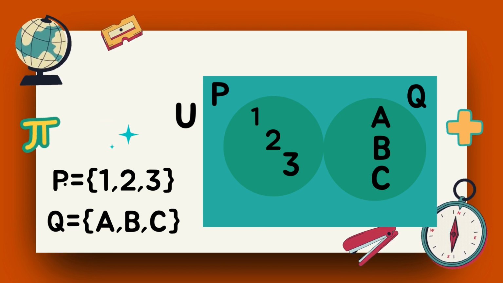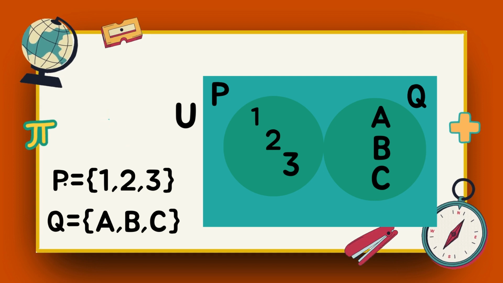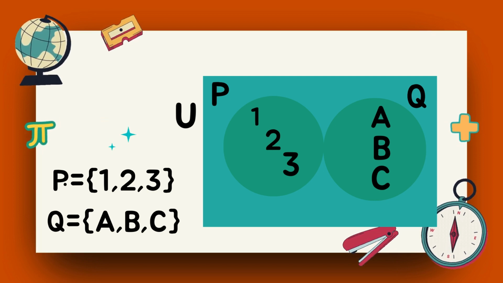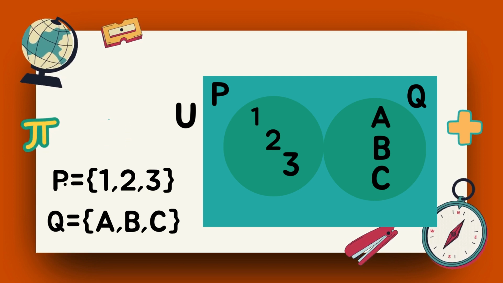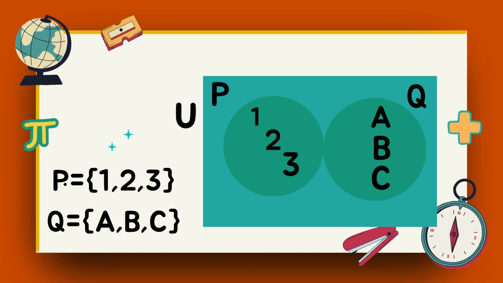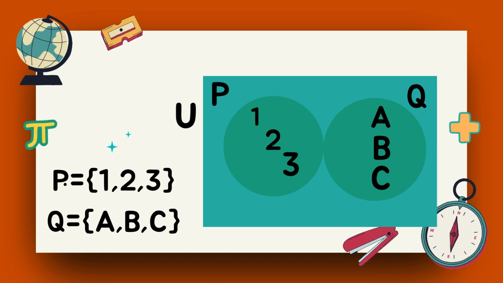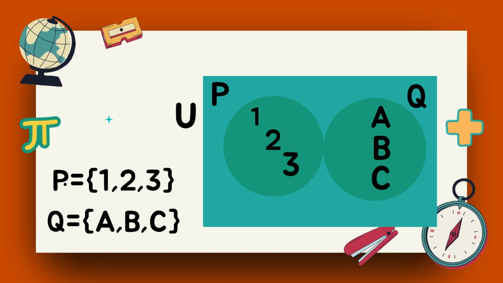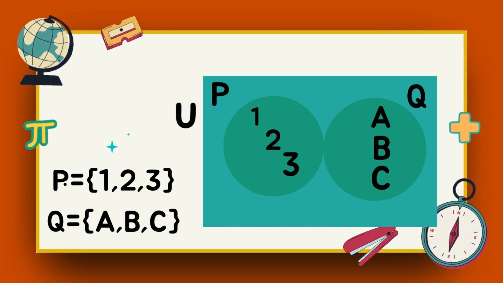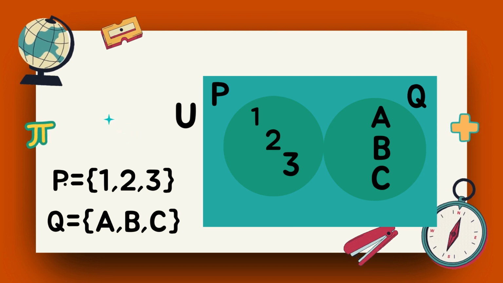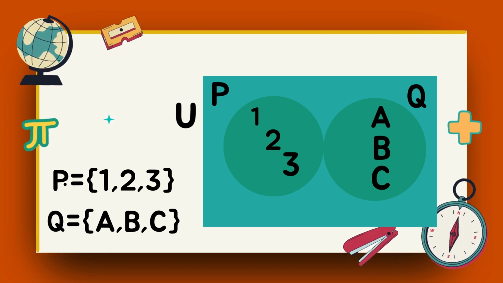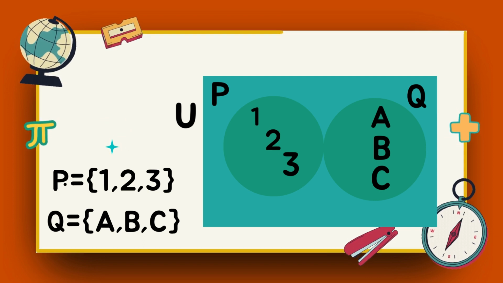So set P is equal to 1, 2, 3, and set Q is equal to A, B, C. As you can see, there are no elements in common because elements of P are numbers while the elements of Q are letters.